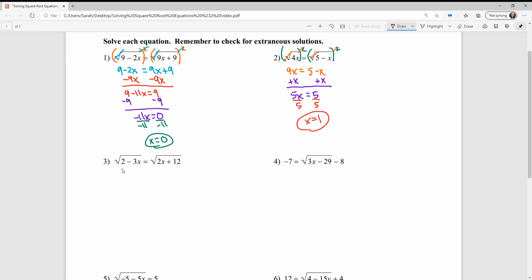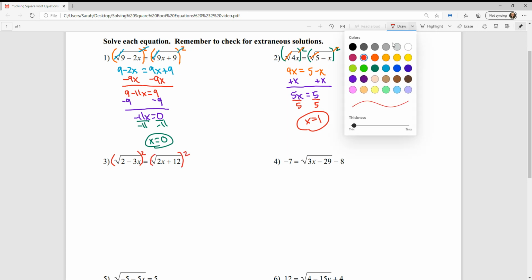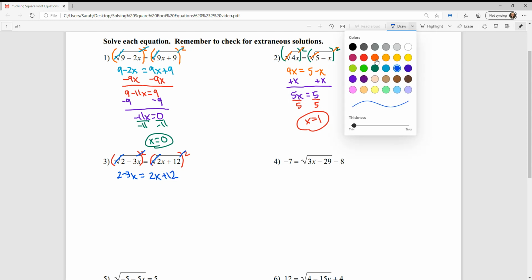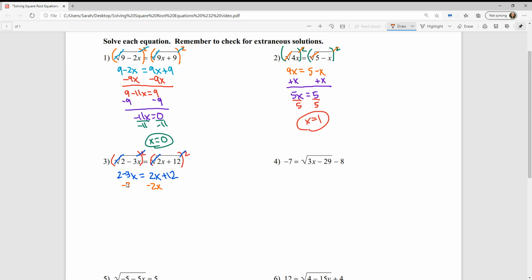Number 3 is the same starting scenario. We have everything on both sides of the equation inside a square root. So I can start by squaring both sides. Root and squared cancel. I end up with what's under the root. Same thing on the other side. We get our x's on the same side of the equation. I'm going to choose to subtract 2x from both sides.